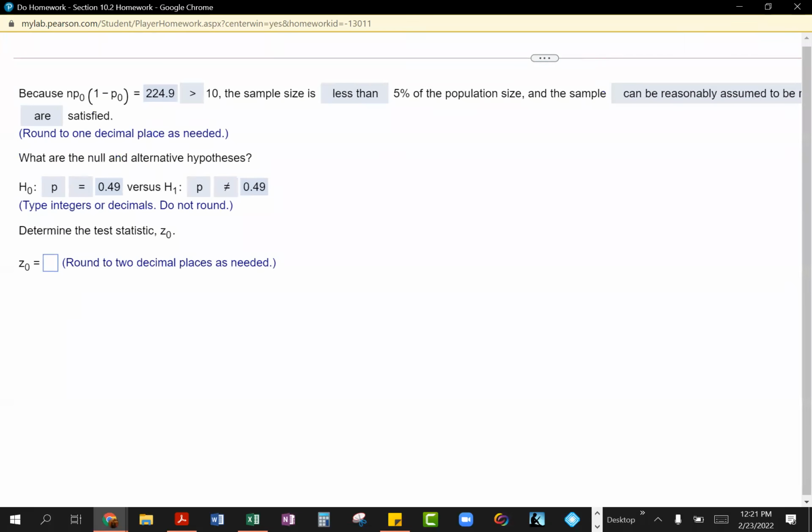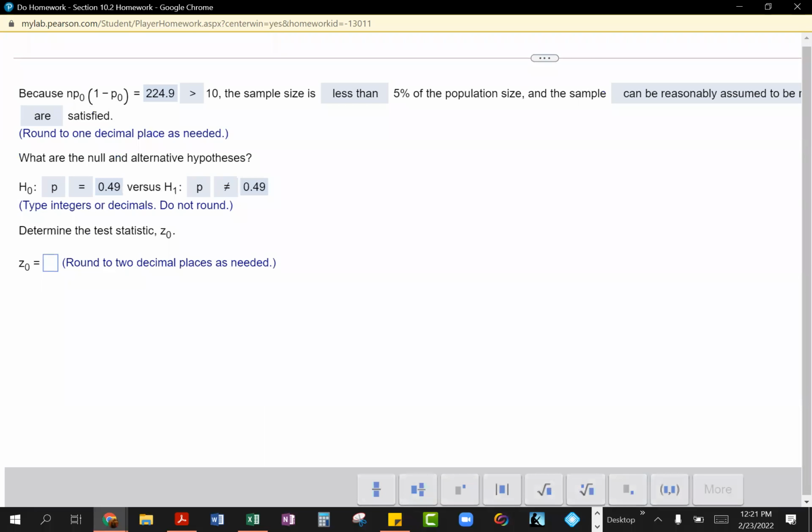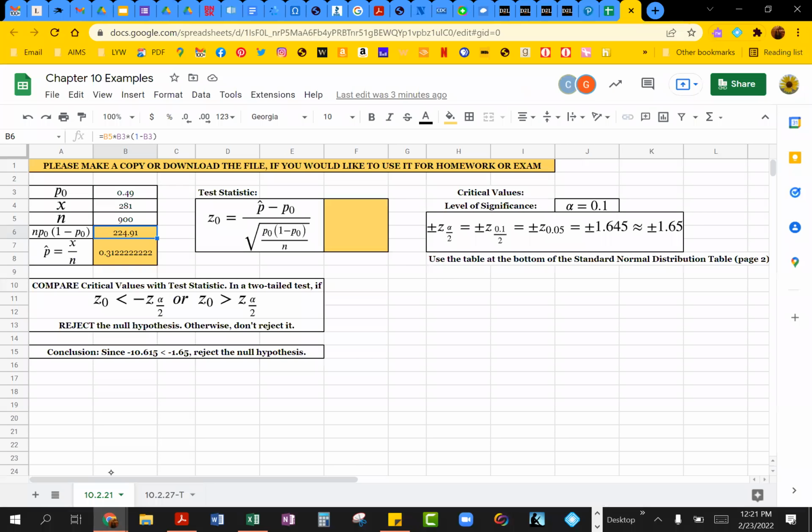Now they're asking us to determine the test statistic z sub 0 over here. And this is where you have this formula. Again, I've just copied the formula over from your textbook. So equal to, on the numerator, I'm going to put this in parentheses, we are doing p hat minus p0.